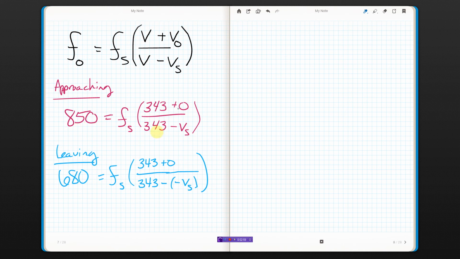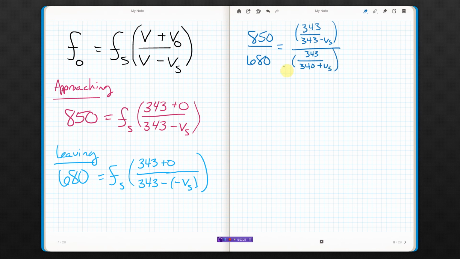So if I divide the pink by the blue, for instance, I would get 850 over 680 equals, well, the Fs's are going to go away when you do that. So what I end up with is 343 over 343 minus Vs, over 343 over 343 plus Vs. I've got a fraction on the top and a fraction on the bottom.